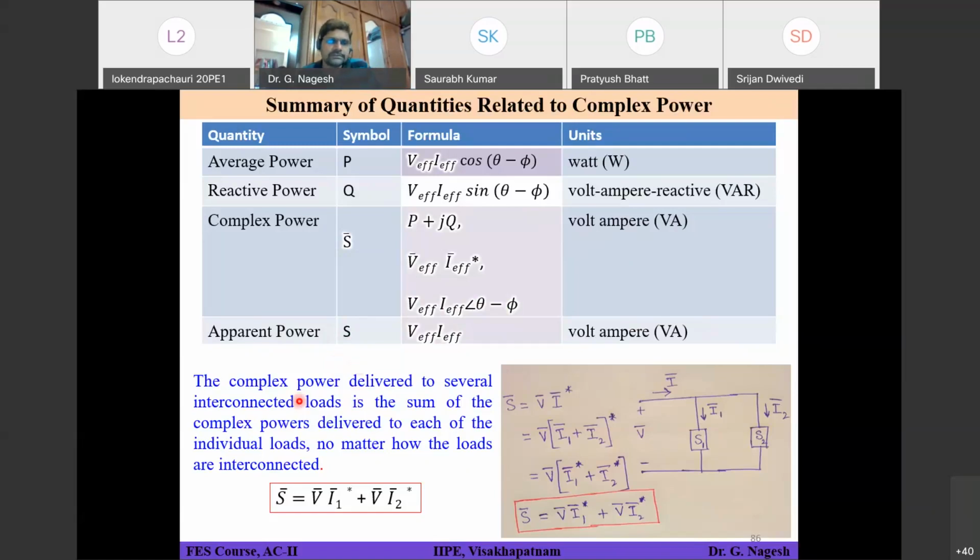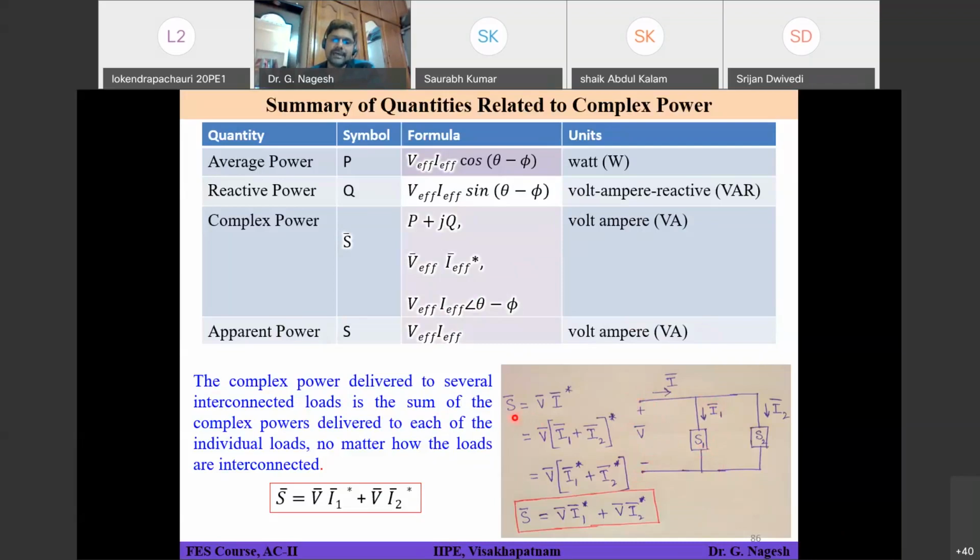Some small conclusion for complex power. The complex power delivered to several interconnected loads is the sum of the complex power delivered to each of the individual loads, no matter how the loads are connected. See the figure here. The complex power delivered from the source terminals is the sum of the complex power delivered to each individual load.